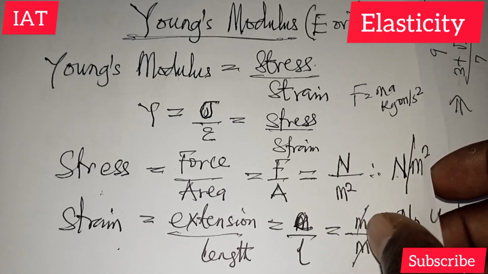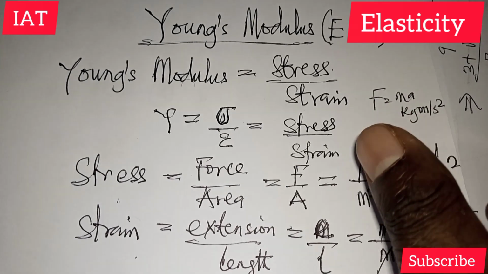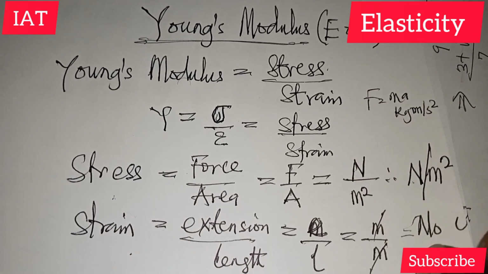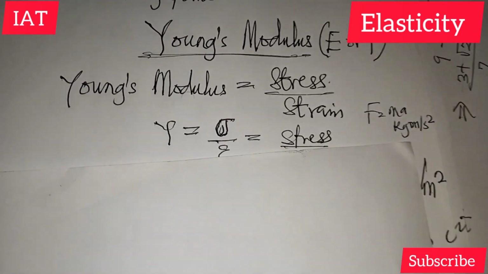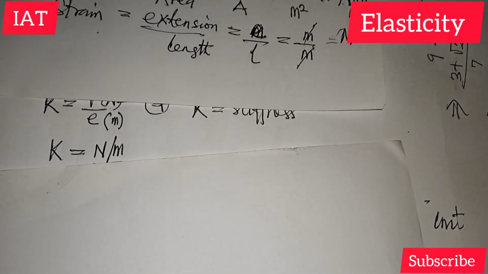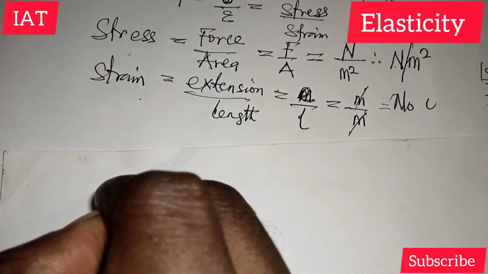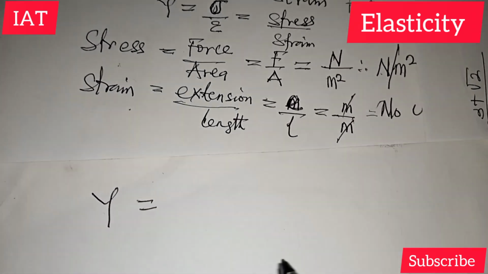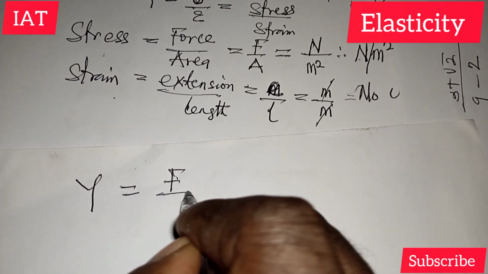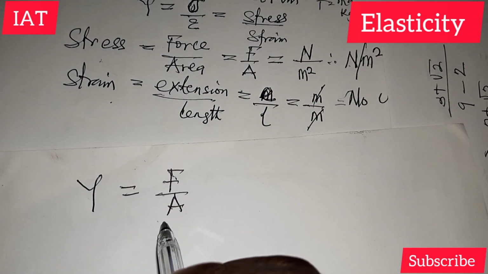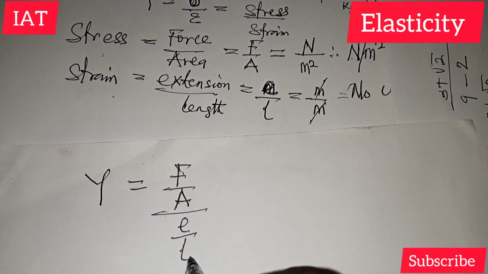All right, so having understood the definition of stress and strain that has to do with Young's modulus, let's represent this expression in the formula of Young's modulus. So how are we going to achieve that? It's simple. At this point, Young's modulus y is equal to, what is our stress? Our stress is force over area, and this is dividing our strain, that is e over L, extension all over length.